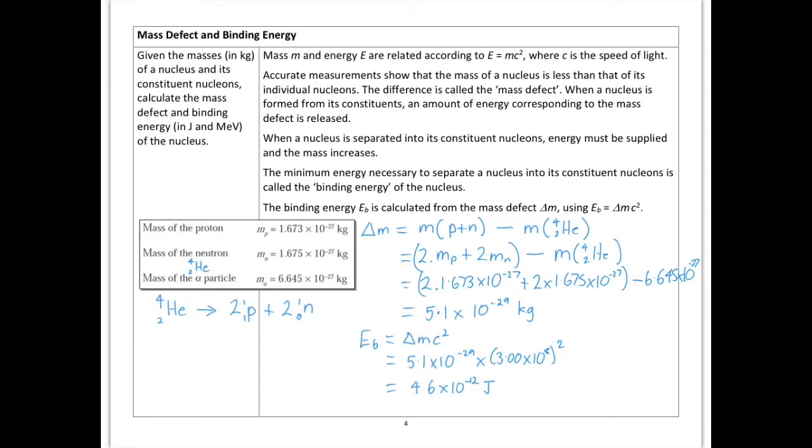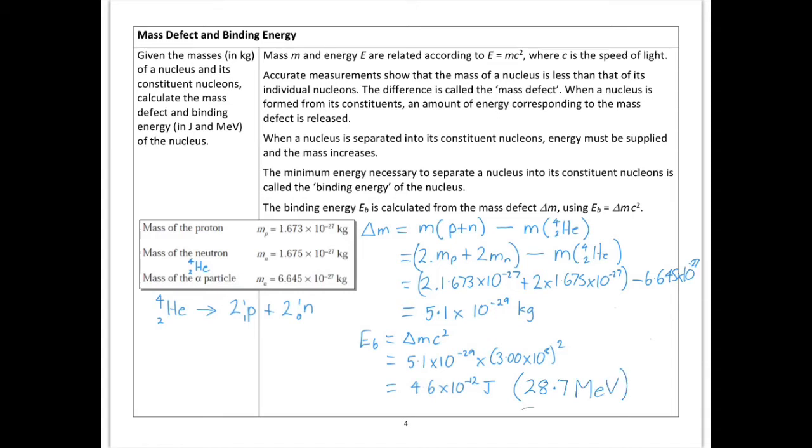And that might seem really, really small, but remember this is just from one nucleus. And to give it maybe some context, if we convert that to electron volts by dividing by 1.6 times 10 to the minus 19, we get 28.7 mega, so million, electron volts.